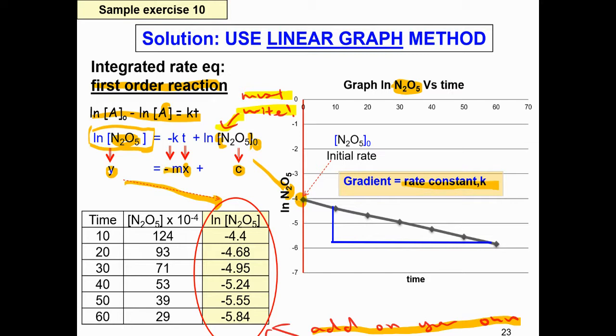That's why we have a negative slope. After you plot the graph, remember time is given in minutes. So is it a first order reaction? You have an intercept, yes. Then it is a negative slope, and it is a straight line.